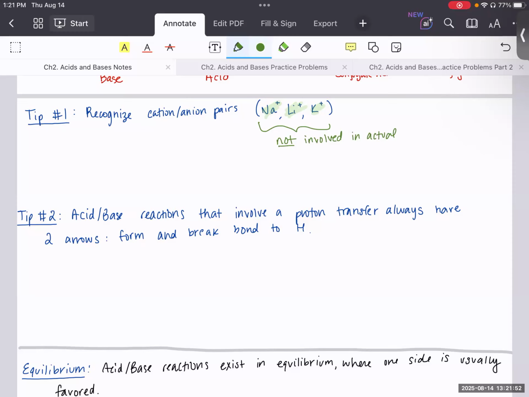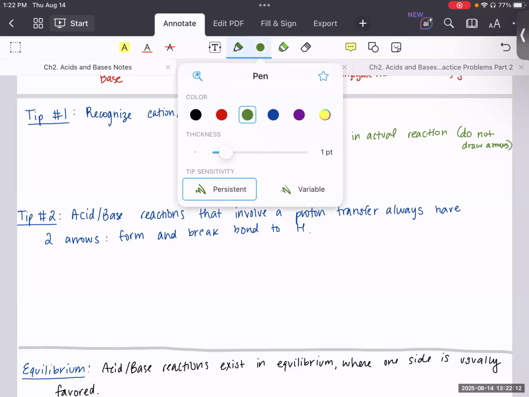The only purpose that these atoms serve is to balance out the charge of the organic species in this reaction. So do not draw arrows involving these. Instead, what you want to do is separate out the species into that positive and negatively charged group.